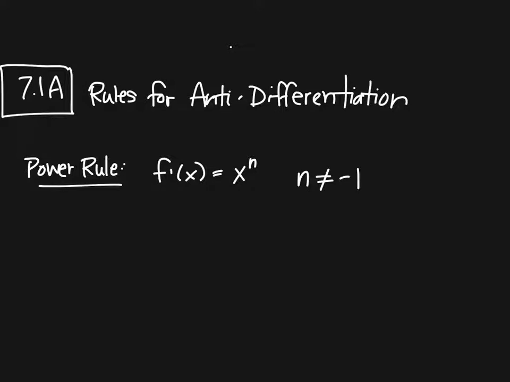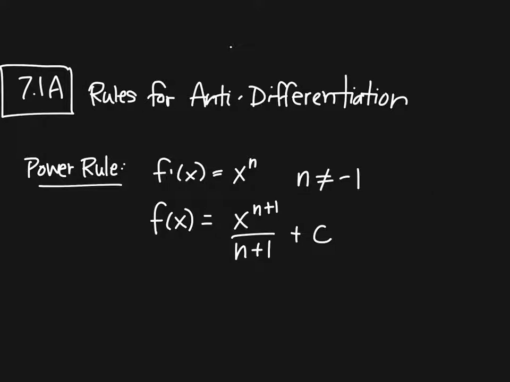As long as that is true, then the antiderivative is defined as the increase of the power by 1 divided by the value of the new power, and then plus a constant. So that is your power rule.